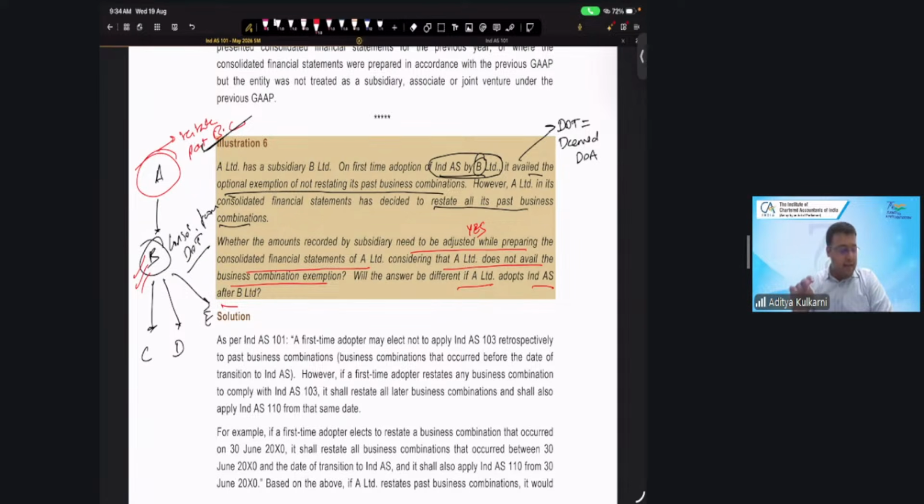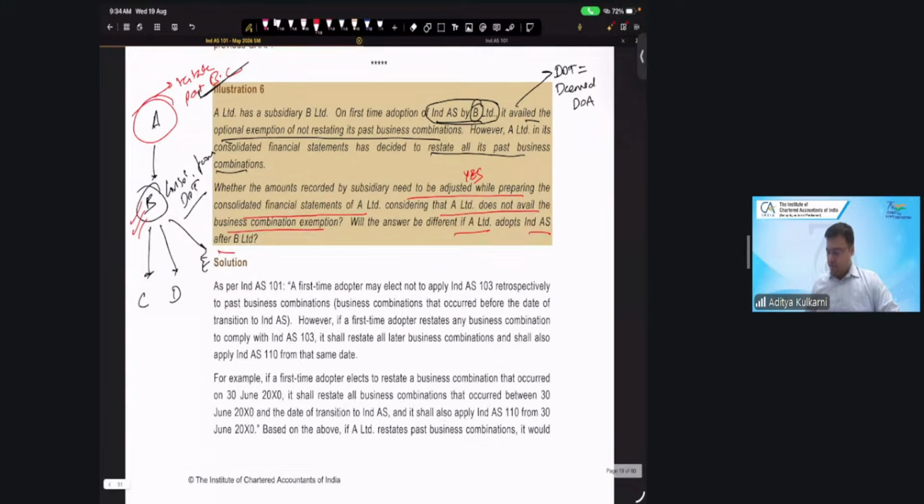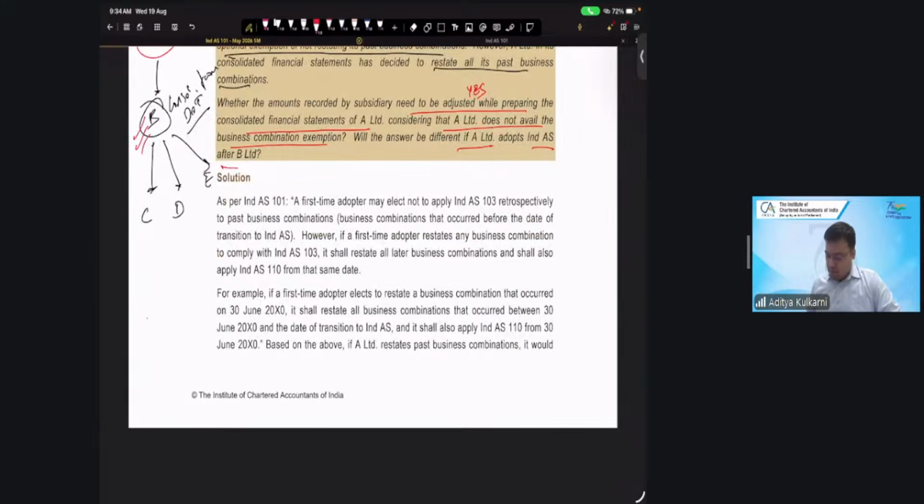If A Limited acquires B Limited after B Limited has adopted Ind AS. B Limited was a group, with C, D, E. This whole group migrated to Ind AS. After migration, A Limited acquired B Limited. And then A Limited adopted Ind AS. Did you understand this?